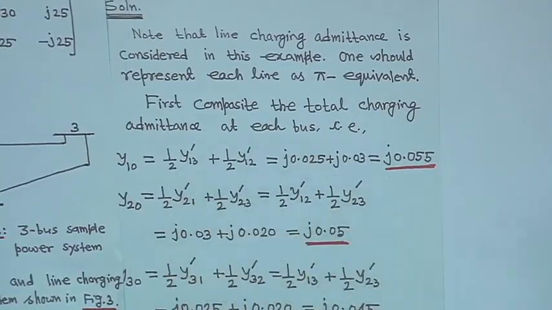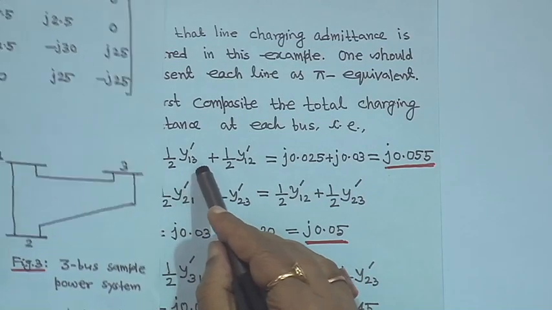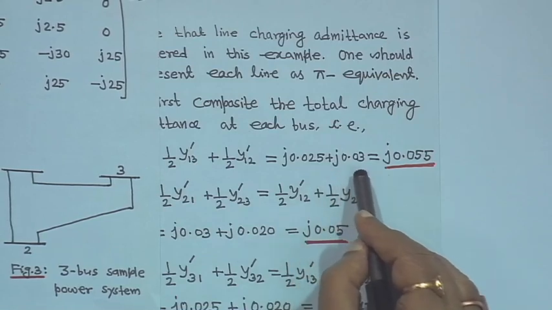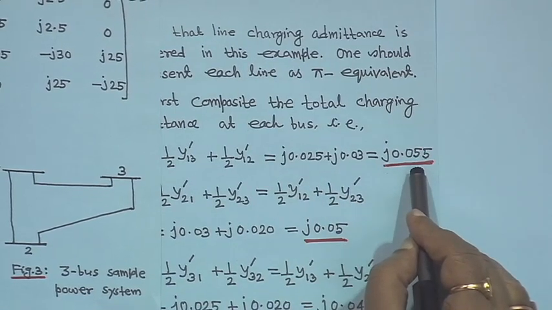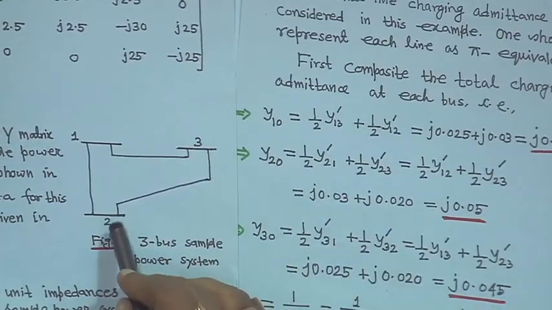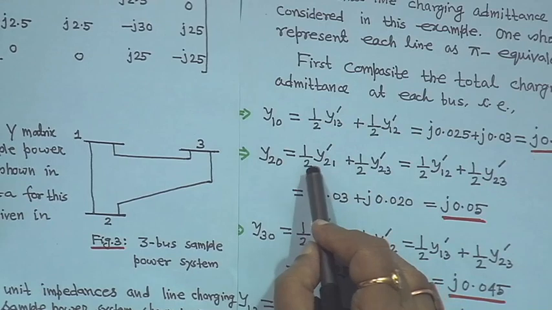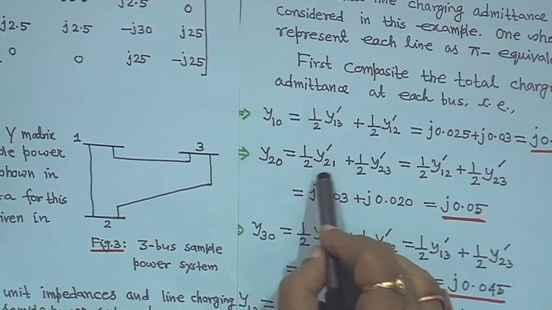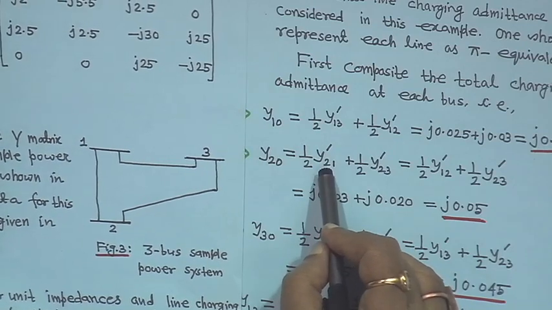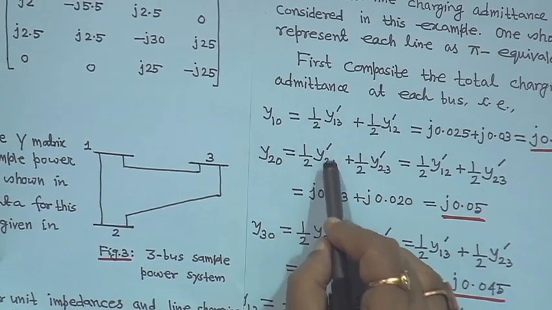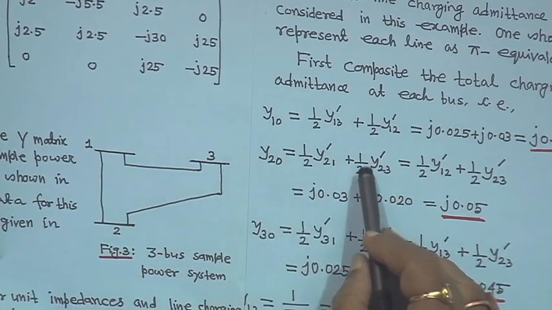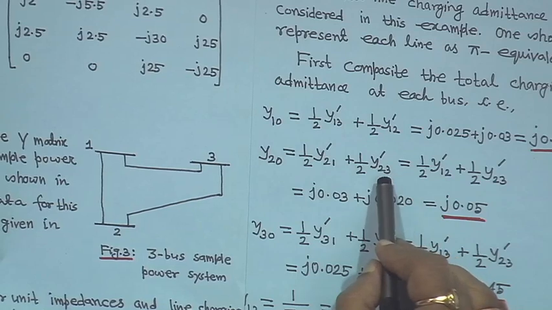First I told you that y10 is half y13 dash plus half y12 dash, equal to j0.025 plus j0.03, that is j0.055. Similarly, y20 will be half y dash 21, actually y dash 21 or y dash 12, they are the same, plus half y dash 23 and 32, they are the same.